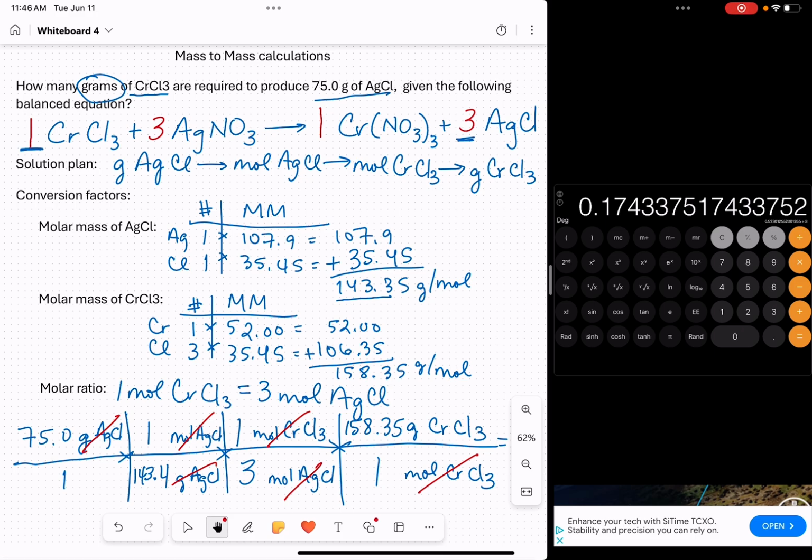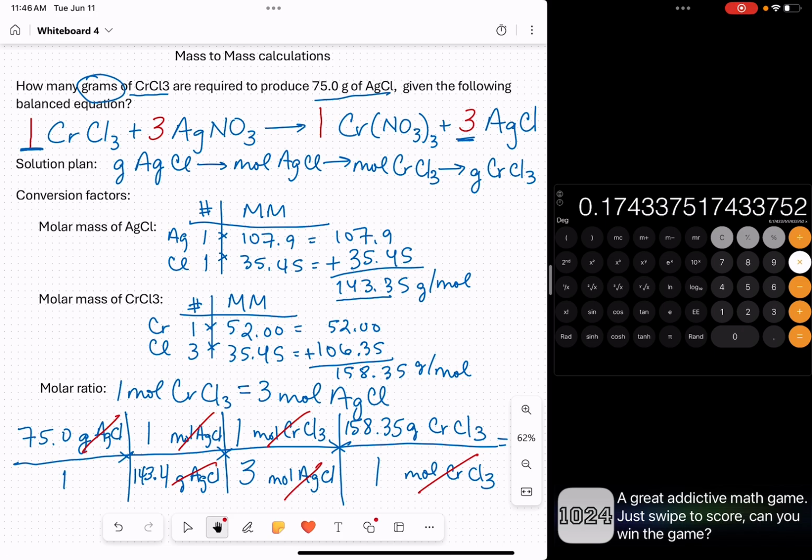That's how many moles of chromium 3 chloride we would use. And now I need to convert that to grams by multiplying by 158.35 grams per mole.